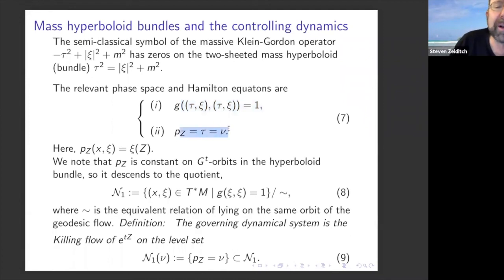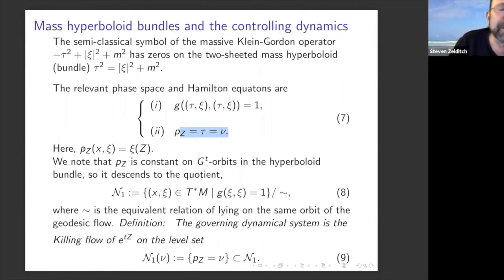And the nu comes up as the level set. Now everything is non-homogeneous because you're on a massive hyperboloid. So the level set is the level set of the Killing vector field symbol. They're all different now because you're slicing a mass hyperboloid at different levels. So that's the phase space.